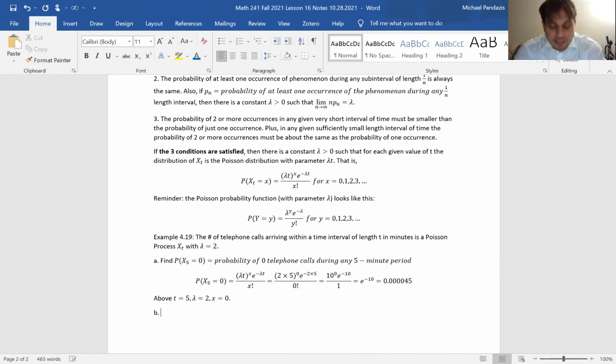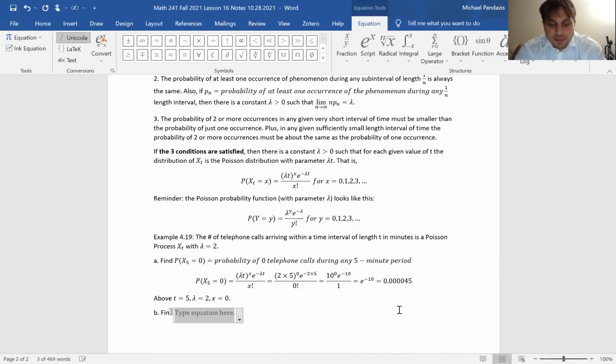Okay, so that's part A. Any questions about that? Okay, so B is find the probability that x sub 1/2 is greater than 1.